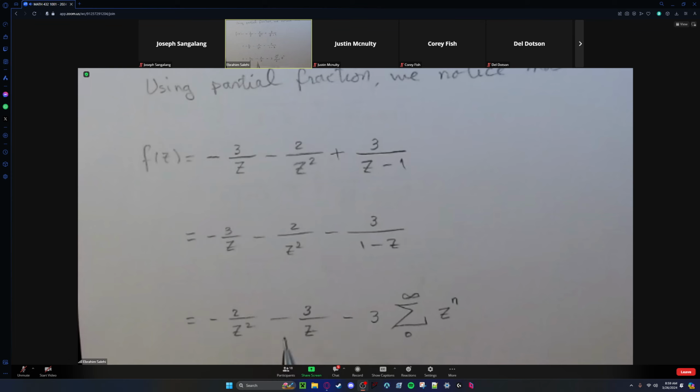The residue is minus 3. Please, if you have any question, just interrupt me, because as I said, I'm a little bit disappointed with the result of this test, and just going through the solution of the test should be another learning experience for you.